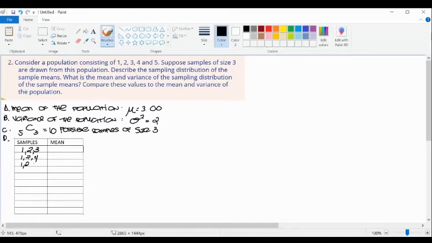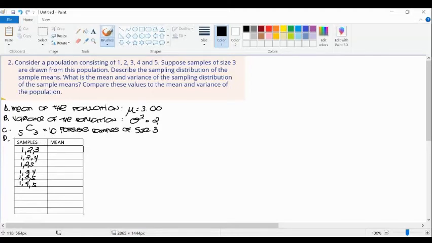Next, 1, 2, 5. Let's say 1, 3, 4. 1, 3, 5. 1, 4, 5.